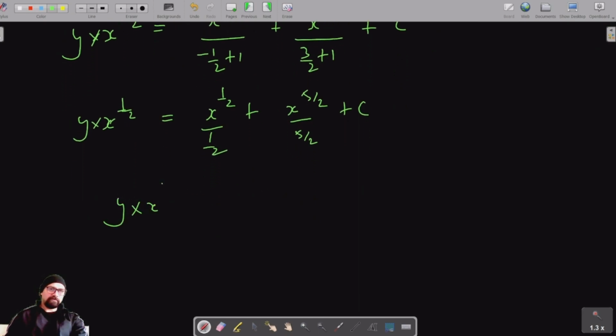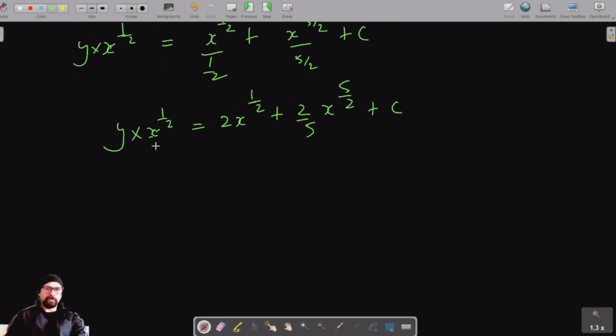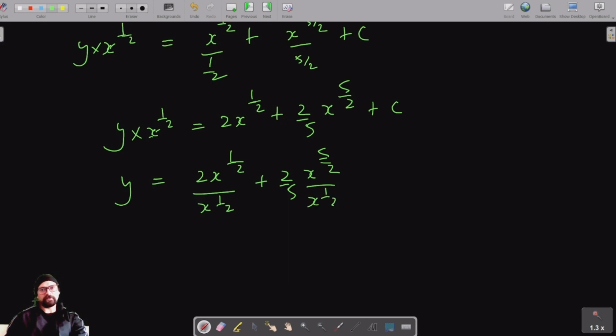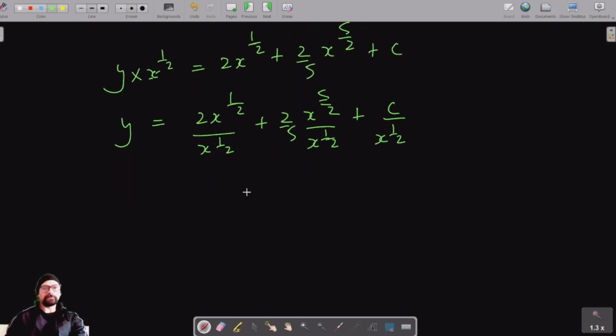And this can further be simplified. This is y into x raised to the power half, equal to 2 into x raised to the power half plus 2 by 5 x raised to the power 2 plus c. Now let's remove this x raised to the power half. This is 2 into x raised to the power half divided by x raised to the power half, 2 by 5 x raised to the power 5 by 2 upon x raised to the power half, plus c upon x raised to the power half.